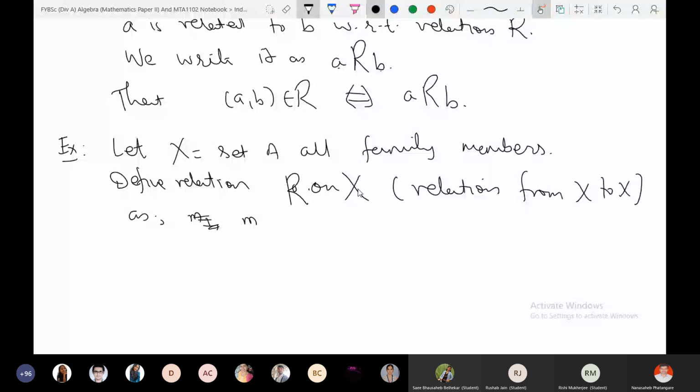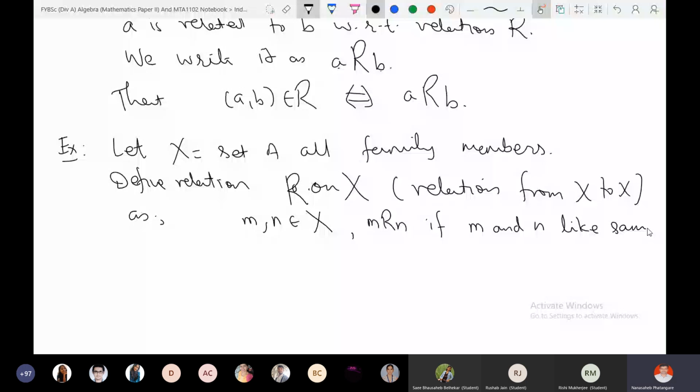Now I am going to define the relation among family members. For any two family members M and N in my family, M is related to N with respect to this relation if M and N like the same sweet.